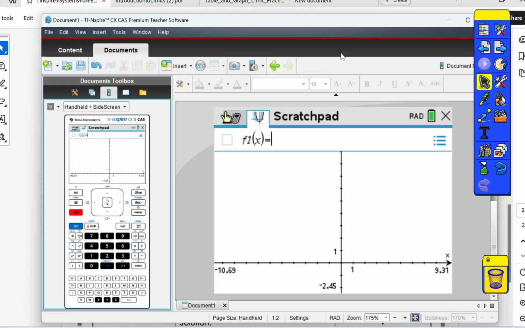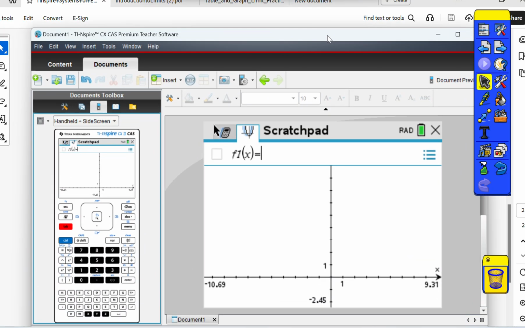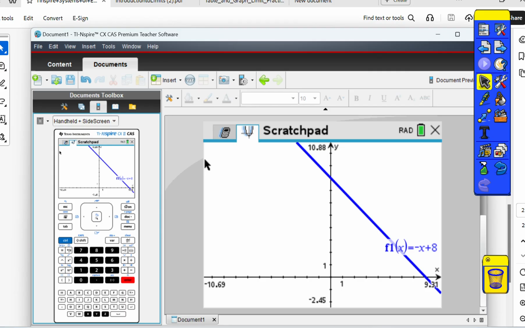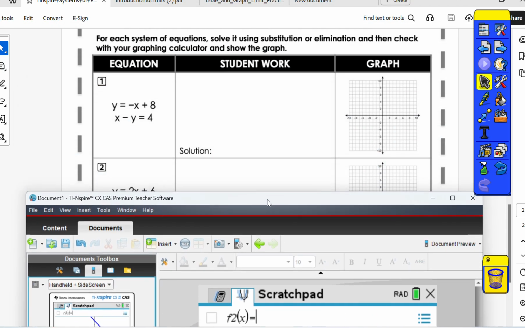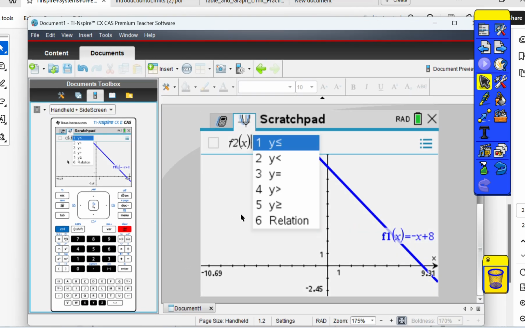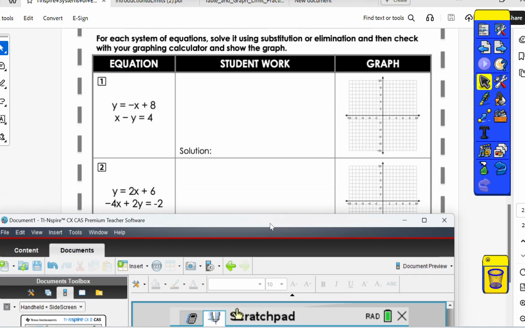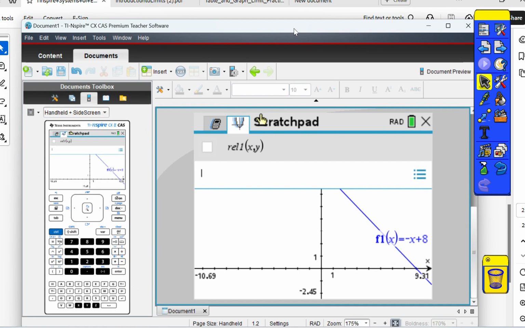Press tab. Okay, the first line is negative x plus 8. Press tab again. Now this one, I can solve it for y, or we can delete this out and type it in as a relation. X minus y equals 4.